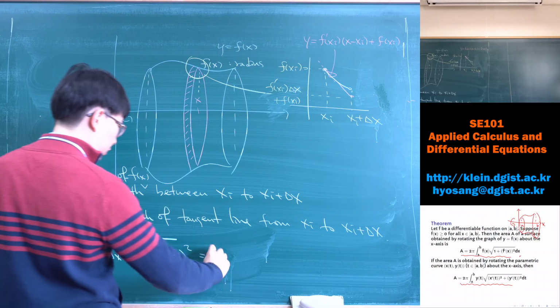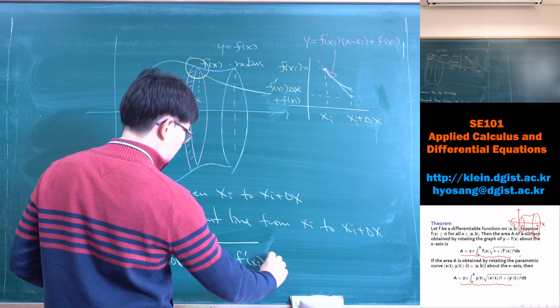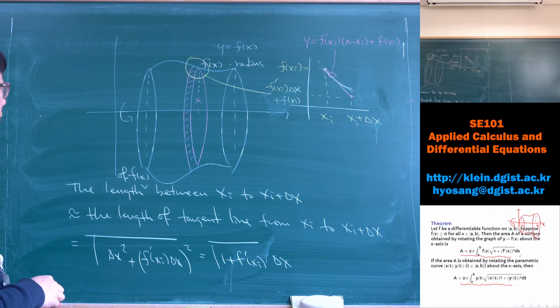So this can be written as the square root of 1 plus f prime xi squared, times delta x, taking the delta x squared outside of the square root.